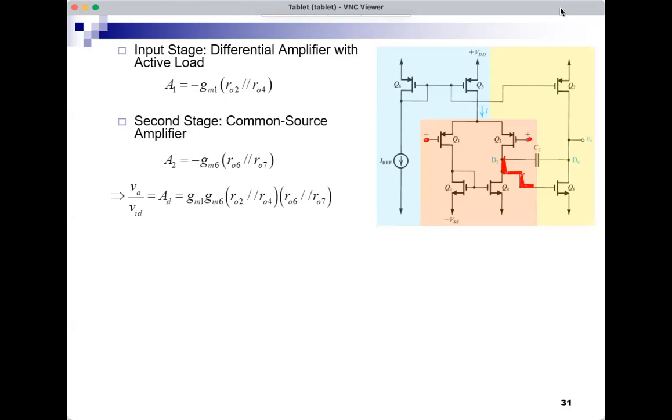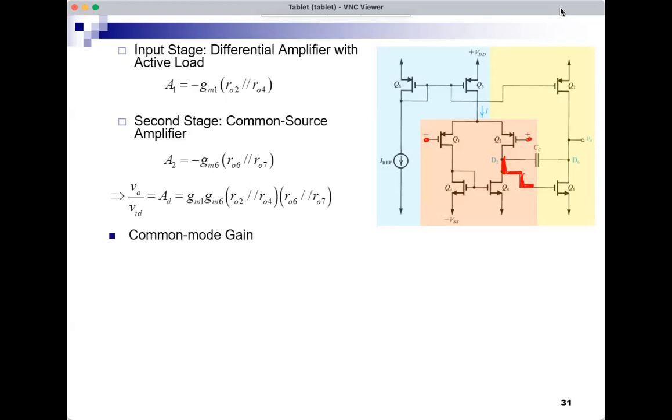The input resistance of common source is infinite. So I just multiplied two gains. And this is the overall gain. It's like AD for the op amp. GM1, GM6, (RO2 parallel RO4) times (RO6 parallel RO7). So that may be of the order of like 1,000 or something like that. It's not very, very large.